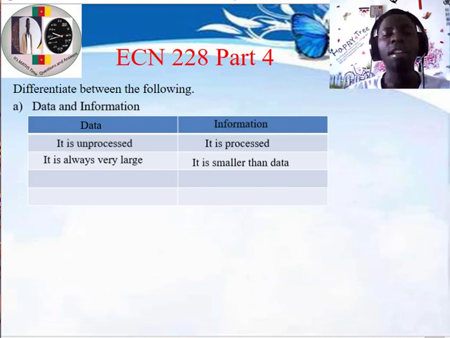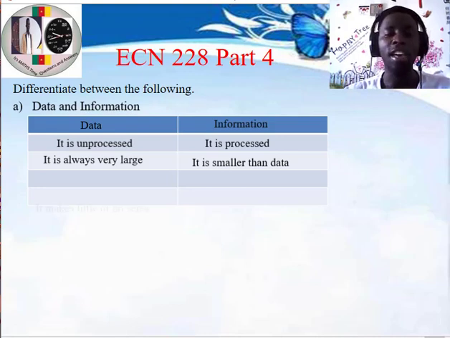So what do we mean? Data is always a combination of structured, unstructured, and semi-structured, which is then analyzed to give you detailed information that we can use to make decisions. So data is always large and information is a small portion of data that has meaning.